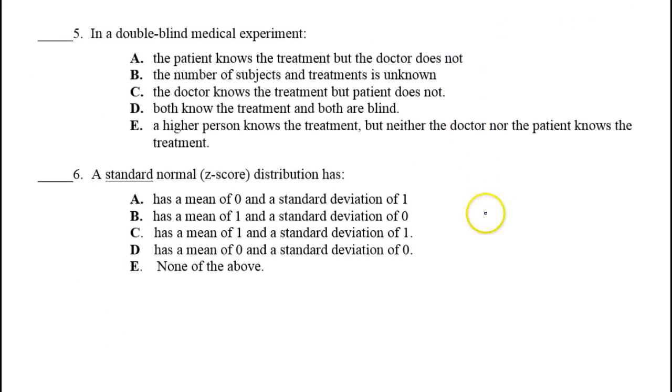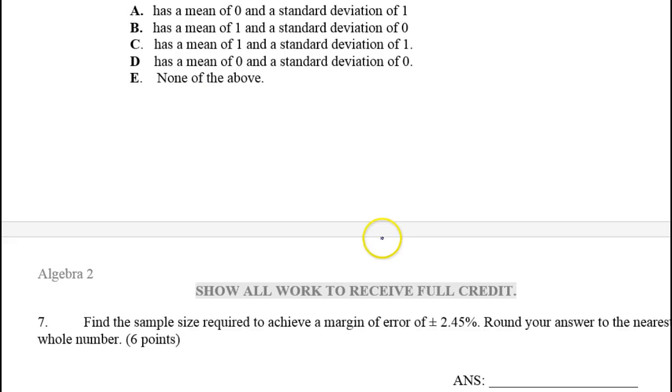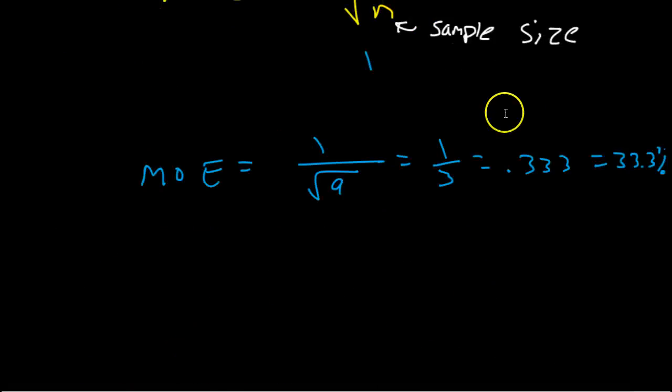All right, in a double-blind medical experiment, okay, before I even look at the answer, let me not see the answer yet. The 2 blinds in double-blind are the following.